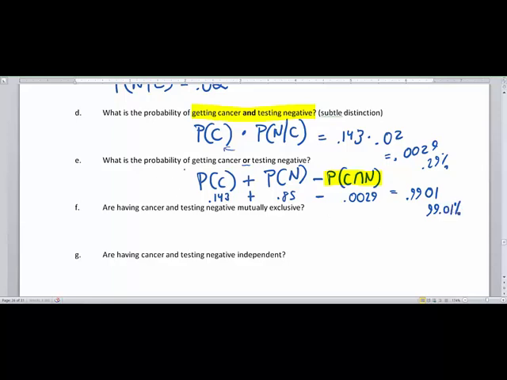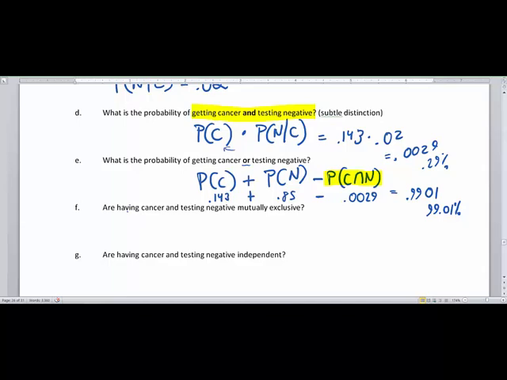So this is the probability of getting cancer or testing negative. It's pretty high because testing negative is pretty high, it's 85 already. Then we throw in the 14%, but we have to eliminate that overlap.